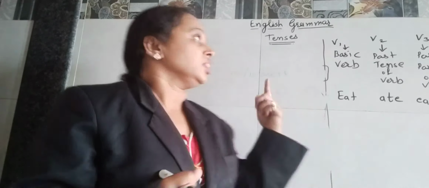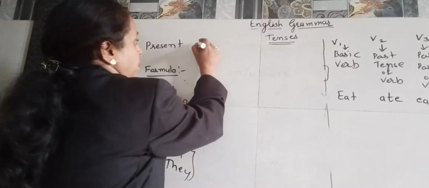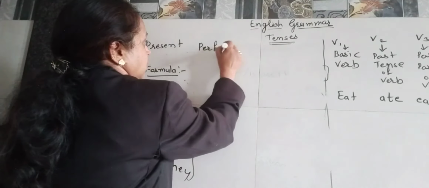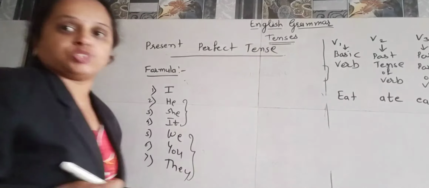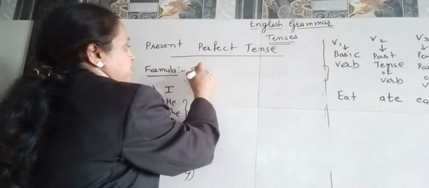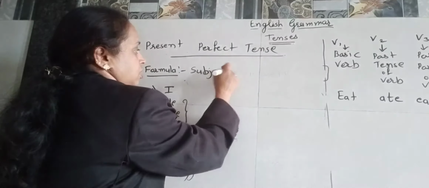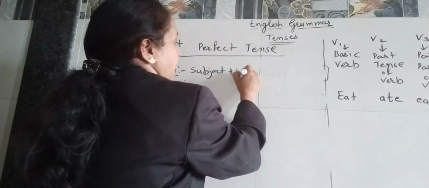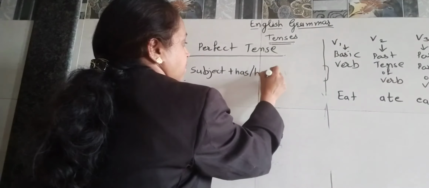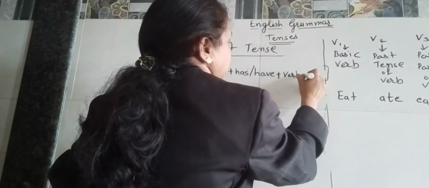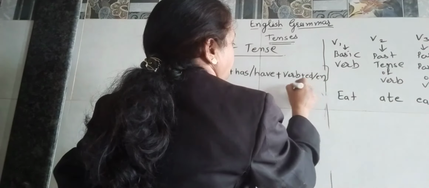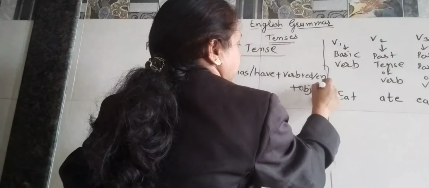So this is how we have seen the present continuous tense, and now we are going to learn the present perfect tense. What will be the formula? Subject plus has, have, plus verb plus ed or en, and the object.